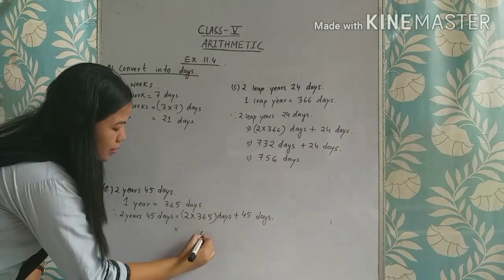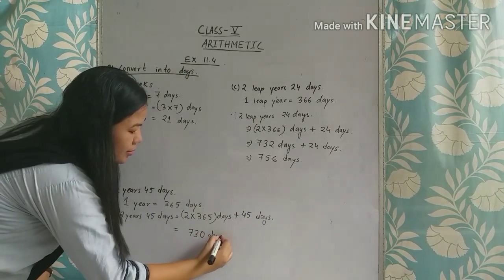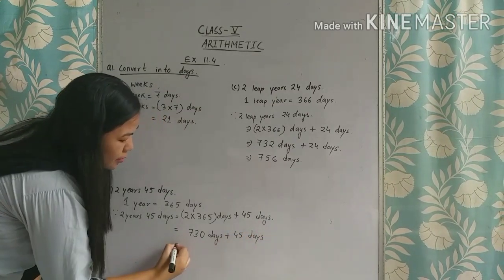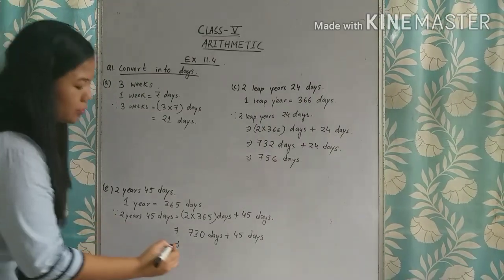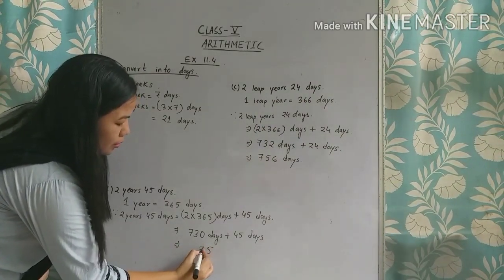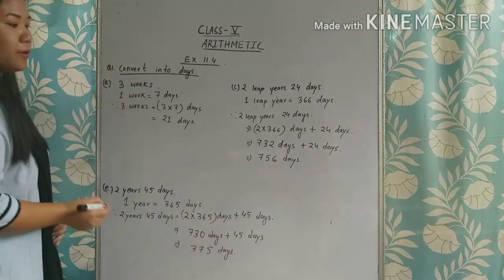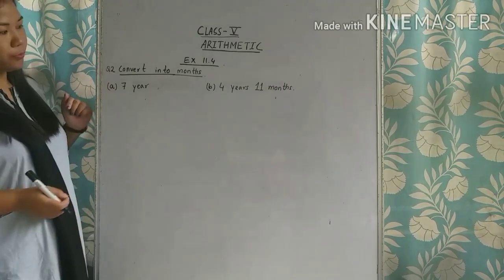So 5 2s are 10, 730 days plus 45 days. So 730 plus 45 will be 775 days. Clear?